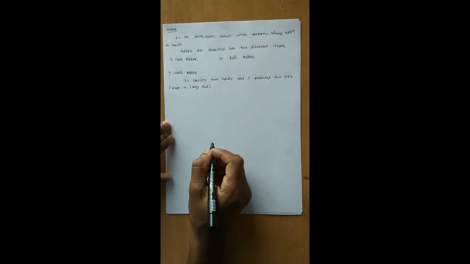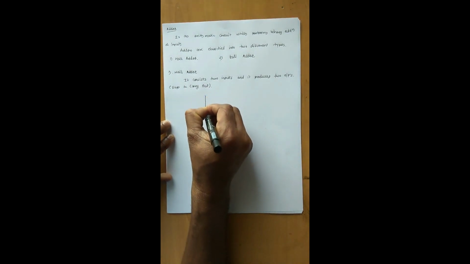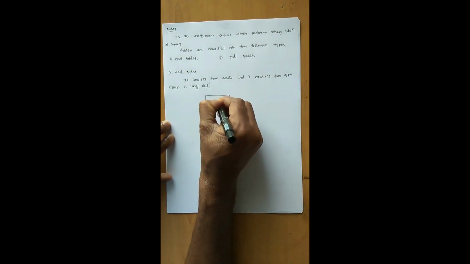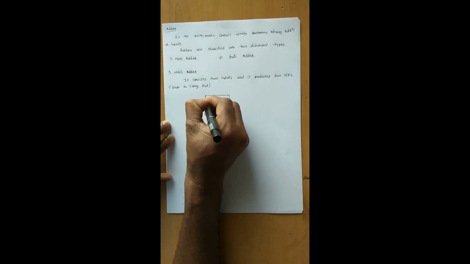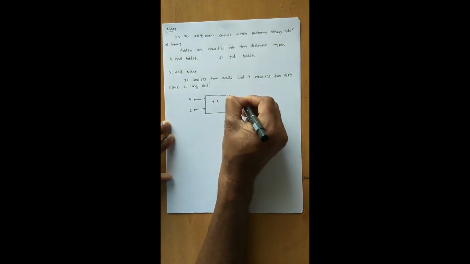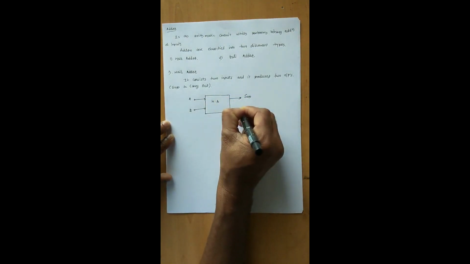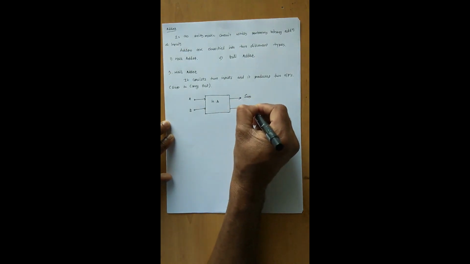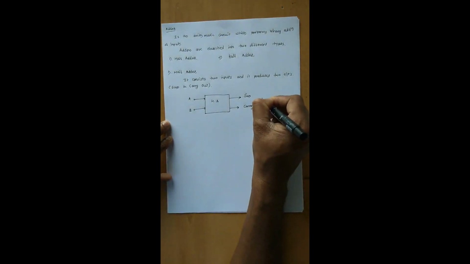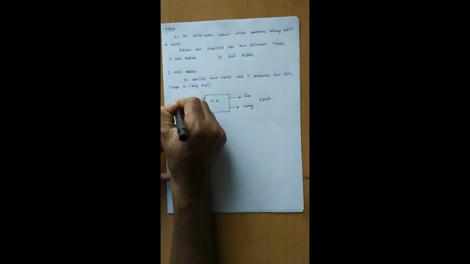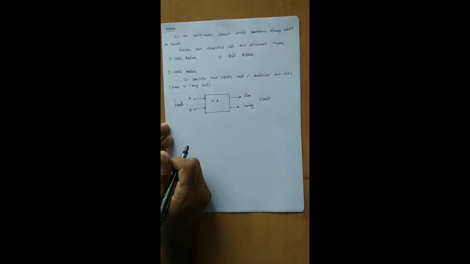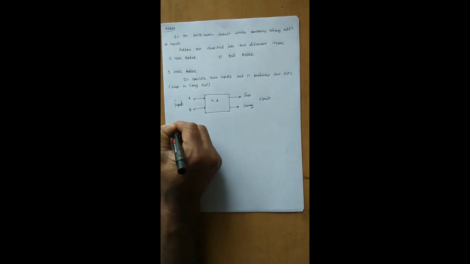The block diagram of the half adder is shown in the figure. A and B are the inputs, and it produces two outputs, sum and carry. Once we are able to draw the block diagram of the half adder, it's time to draw the truth table.